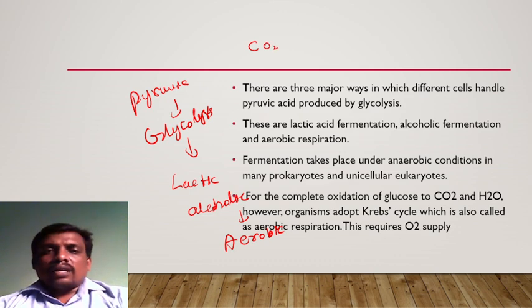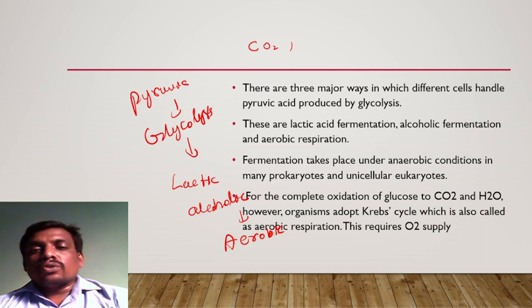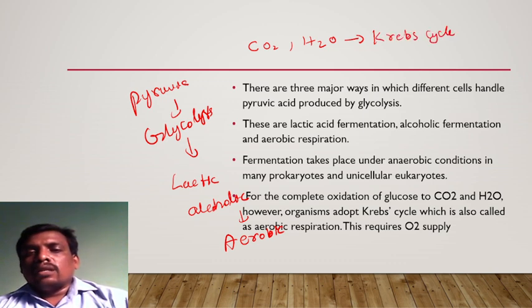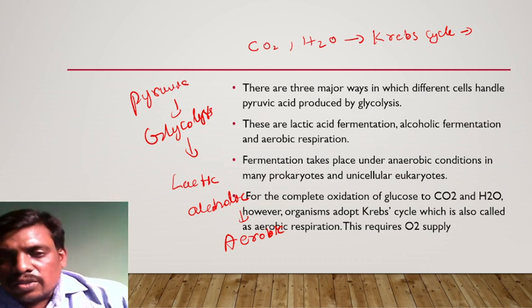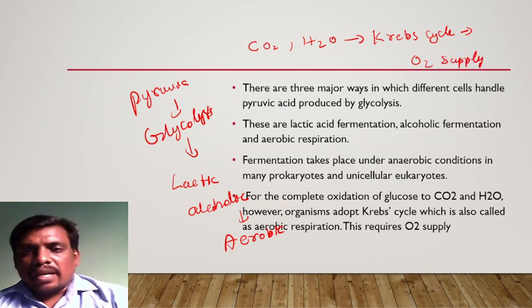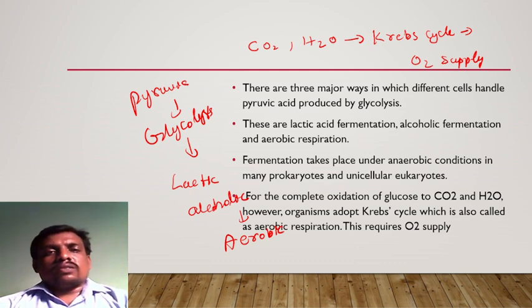However, some organisms adopt another cycle called the Krebs cycle, which is also called aerobic respiration. This requires O2 supply. What is required? O2 supply. Okay, so this is about glycolysis.